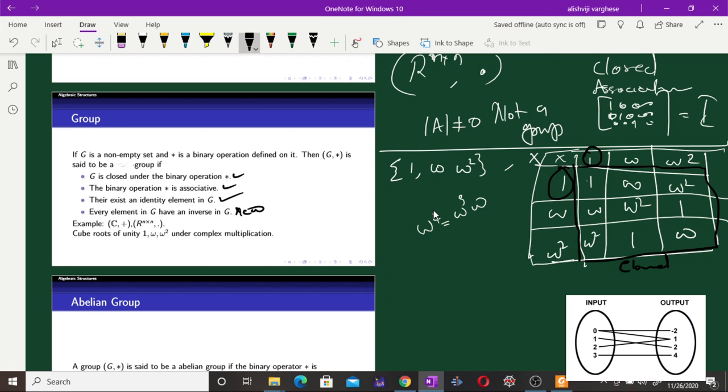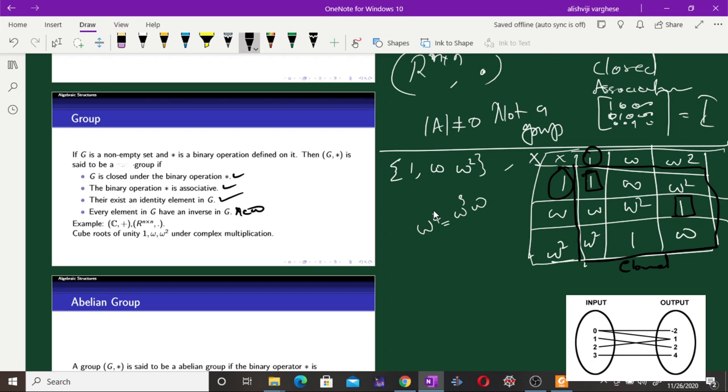identity element. Then inverse. To check whether each and every element possesses an inverse or not, we need only to check whether each and every column and row possesses at least one identity element. So here is a 1, which means 1 has an inverse.